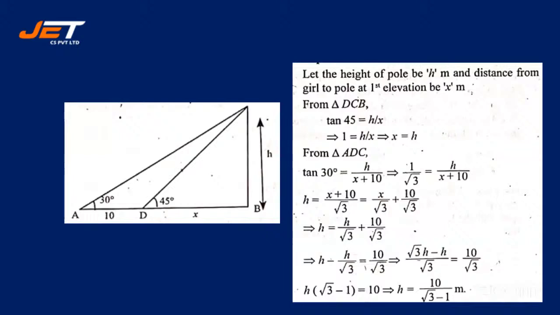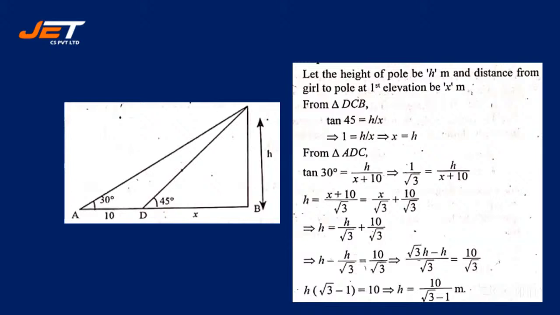The distance from the girl to the pole at the first elevation is x. Okay. So here you can take triangle DCB. So what is triangle DCB? It is tan 45, that is opposite side by adjacent side h by x is equal to 1.